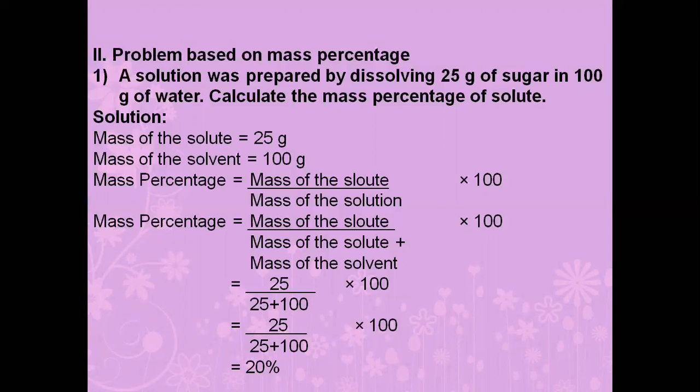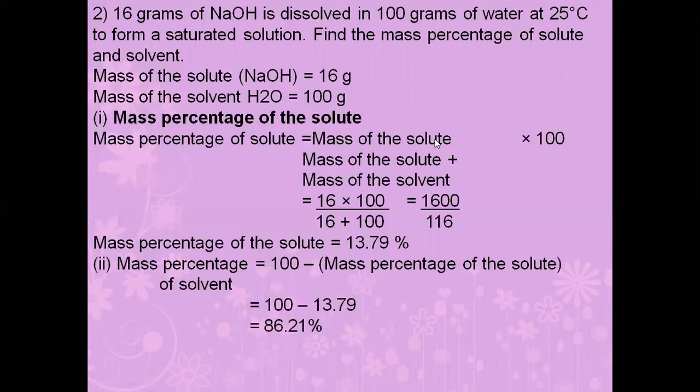So 25 divided by 25 plus 100, that is 125. So finally we get 20 percentage. So mass percentage is 20 percentage. Very, very simple method. Okay. Directly we put in the formula and substitute the values. We get the answer. Okay.